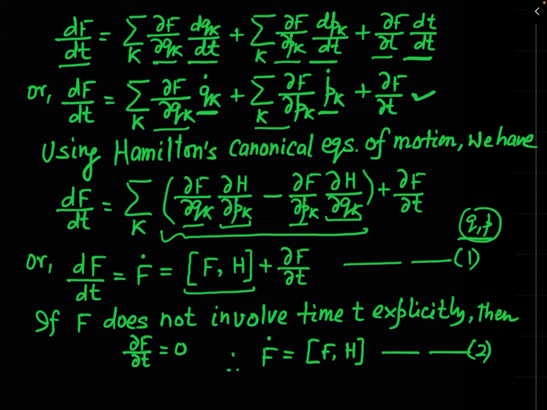When we have another basis, capital Q and capital P, even then this Poisson bracket remains the same. So there is no need to write Q and P as a subscript. So in this way, finally we get df by dt, which is equal to f dot, equal to the Poisson bracket of f and h plus del f by del t.